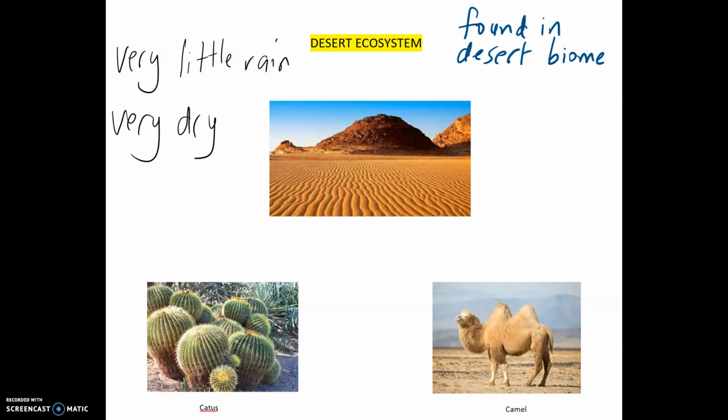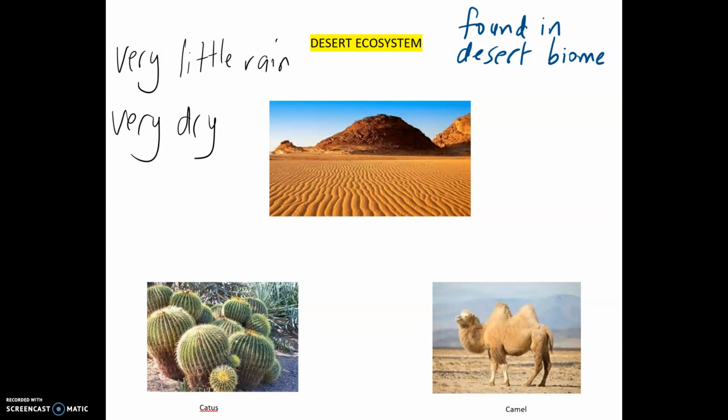For example, cactus has spiky leaves and has spongy leaves. They store the water in it. The camel has a hump that stores water too. The animals in this environment will have food that provide them with the water. So there are special features for adaptation if you're living in a specific ecosystem.